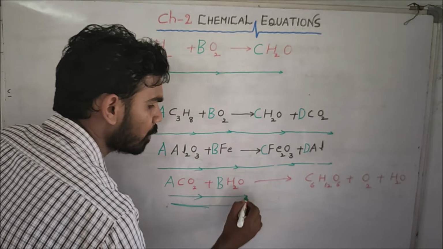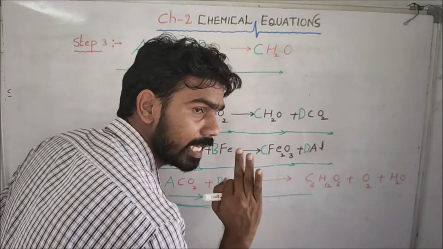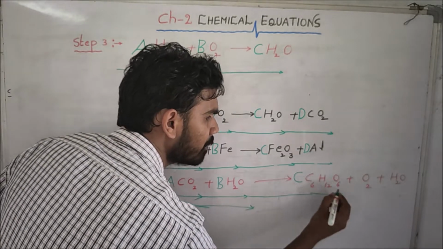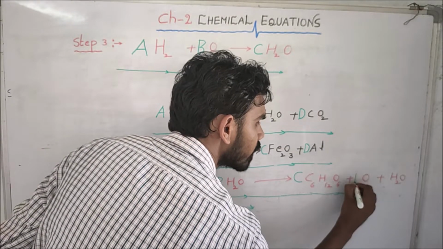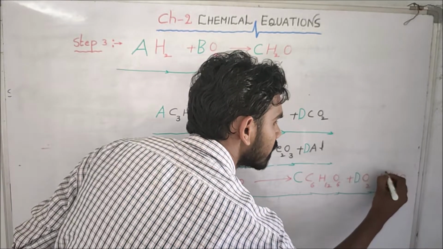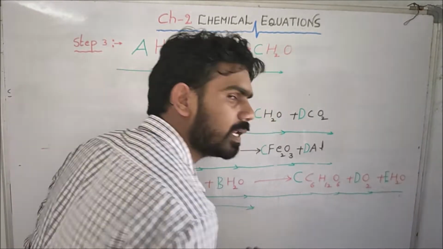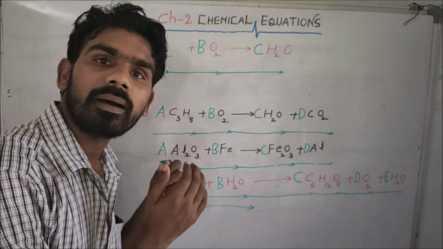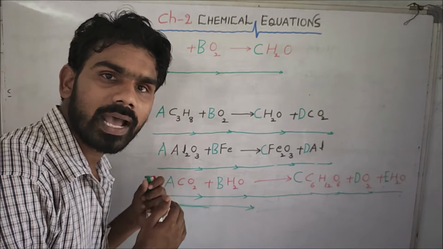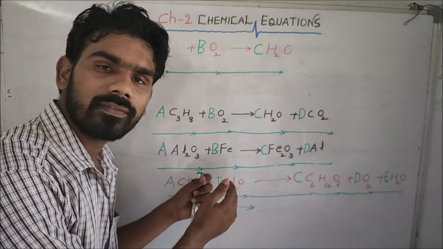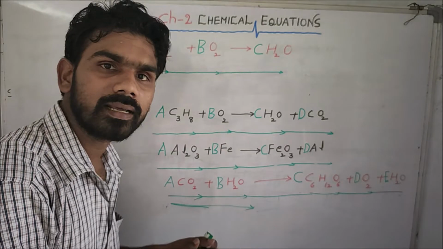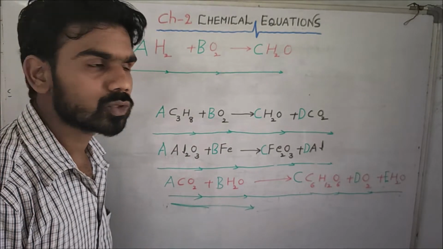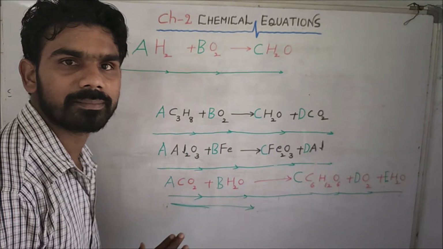That's it. Now product side, how many products? 3 products. First product C family, D family, E family. So what I am doing, I am giving family names from reactant side: A family, B family, C family, D family, like that. How many are there? That many letters, starting from A. So hope you understood how I am giving family names.